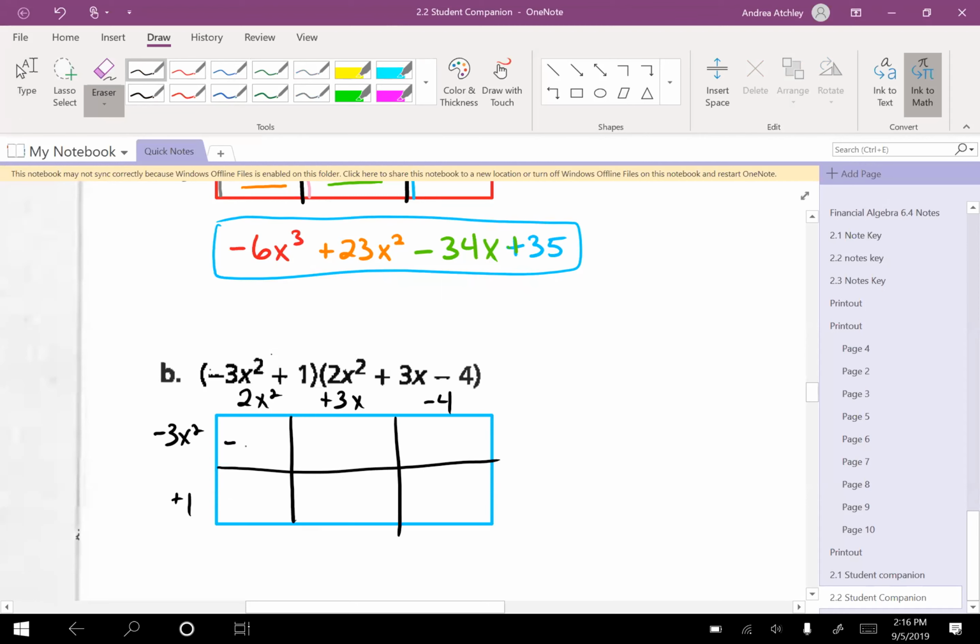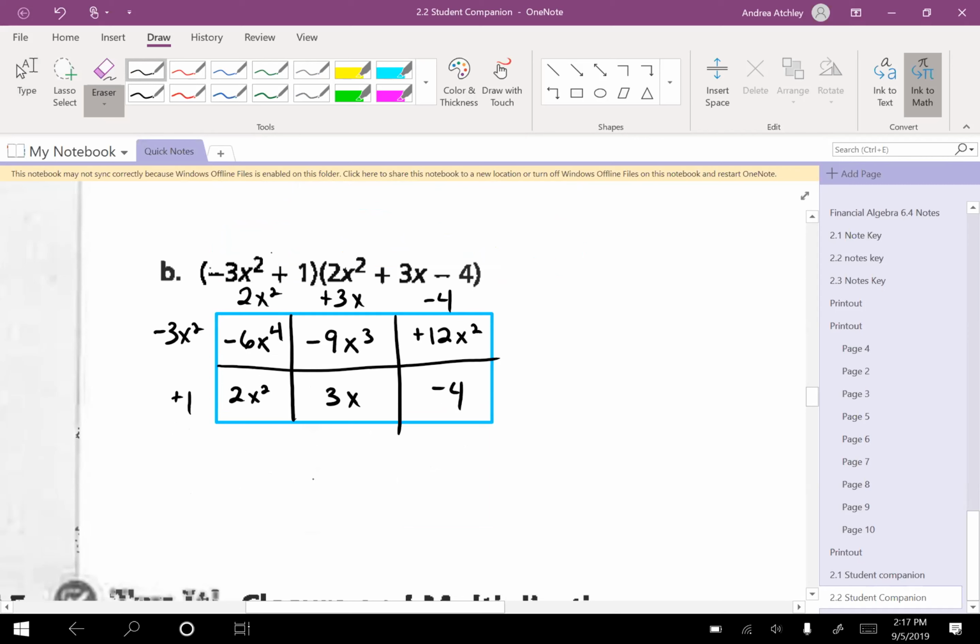We should have negative 6x to the fourth here. X squared times x squared is x to the fourth. 3x times negative 3 is negative 9x to the third. Negative times a negative makes that positive 12x squared. 2 times 1 is 2x squared. 3x, and then negative 4.